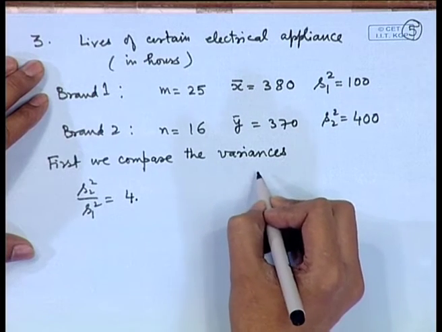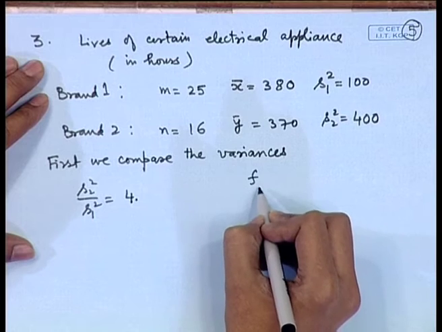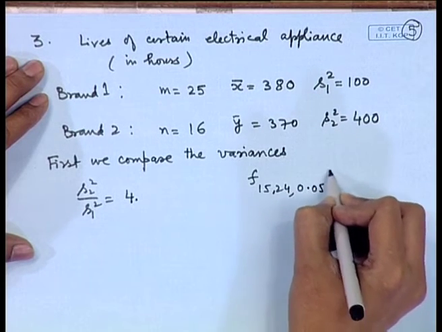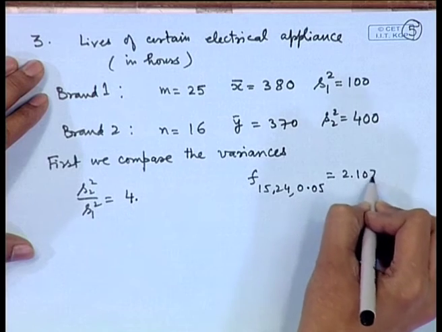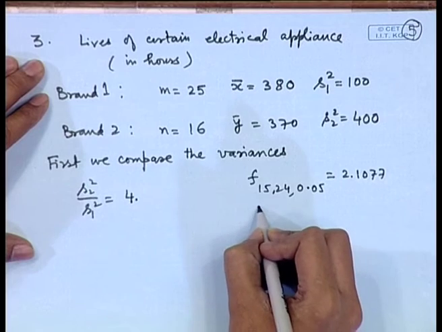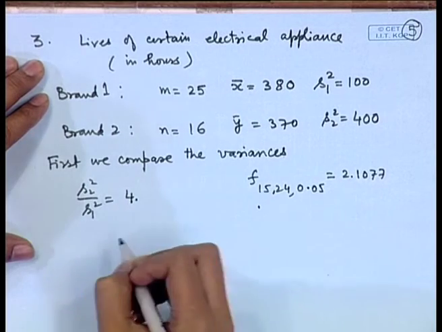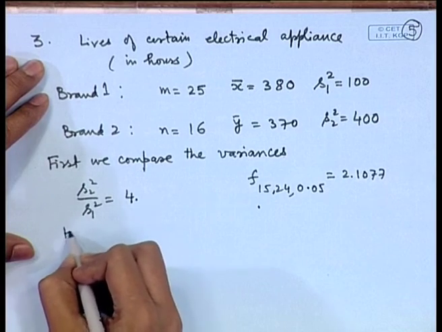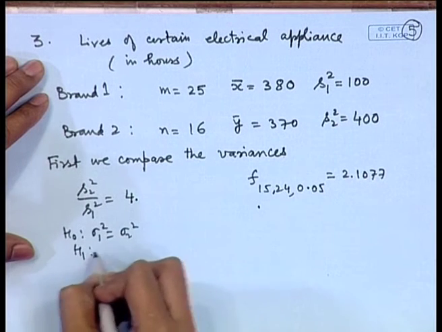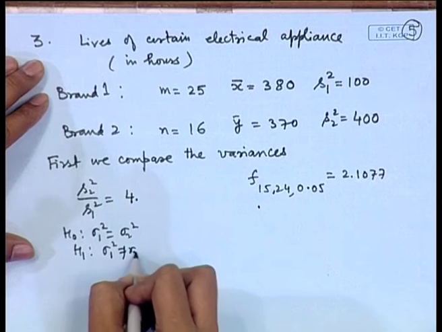So, if we look at the F value F_(15,24) at 0.05, that is equal to 2.1077. So, naturally if I am considering the reverse of that, that is going to be smaller. So, H naught: sigma 1 square is equal to sigma 2 square against H 1: sigma 1 square is not equal to sigma 2 square.